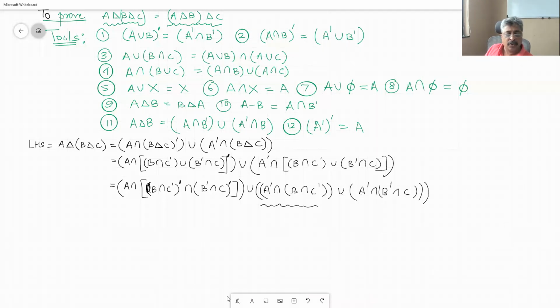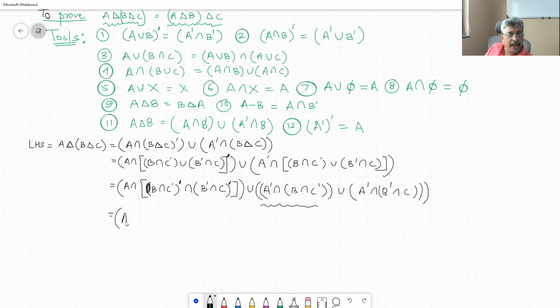Okay. So now let us concentrate on the first bracket. Let us distribute intersection. Now let us first get rid of this complement here and complement here, because both of them are complements.